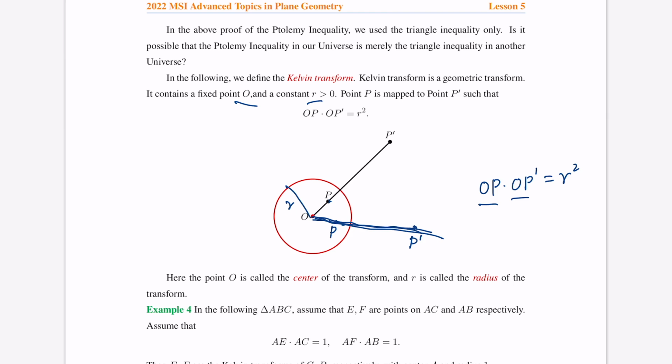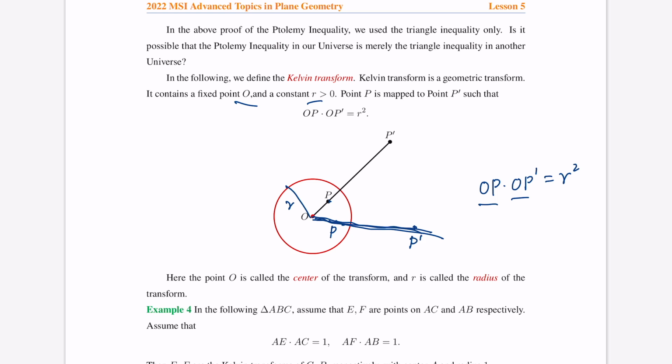Another transformation you have encountered is the rotation. You probably have learned in analytic geometry, so you can rotate everything in the Euclidean plane counterclockwise by a fixed angle. Let's call the angle alpha. And this is another kind of transformation.